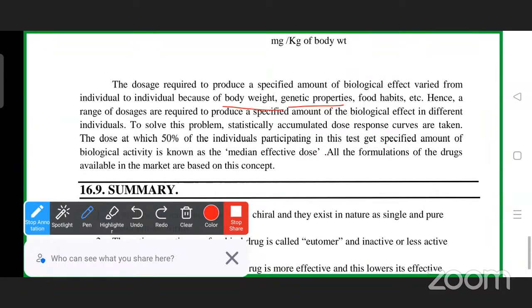If they are affected with that, we'll take those properties into consideration. And the food habits: they differ from place to place. In our south region we generally prefer rice, and in the north they prefer rotis and other things. They consume rice very little, but here we consume rice more.